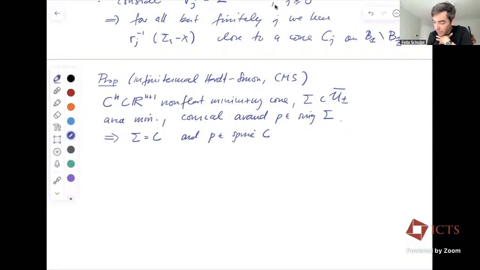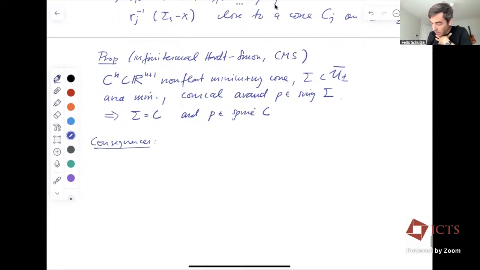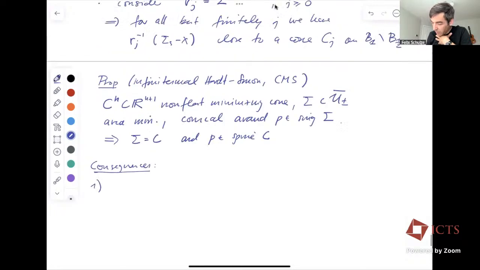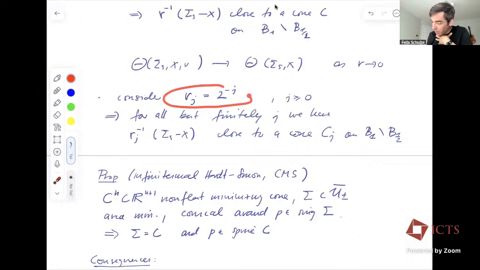Okay, and again, the benefit is this is much easier to prove, but what are the consequences of this? Now, let's recall this here. So you see this statement here before, we know for many, many scales that these surfaces are close to cones, up to finitely many scales.